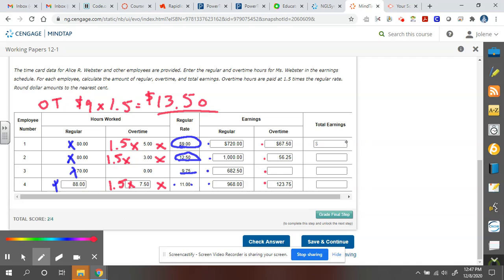All right. So now I want to show you what happens next. Next, oh, that doesn't show up too well, does it? Well, we're going to add these two together. We add these two together to find out what the total earnings are for the employee. Now, this is called total earnings.